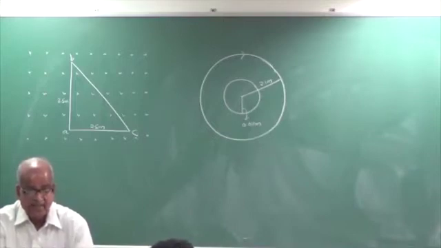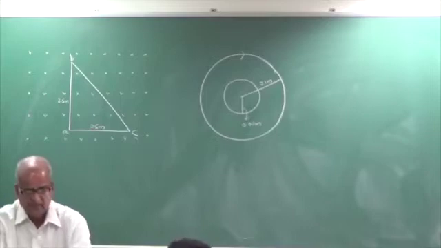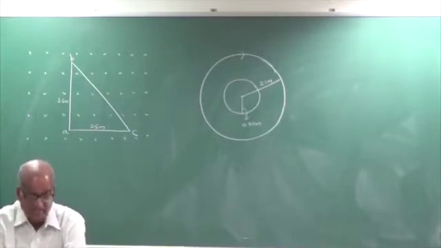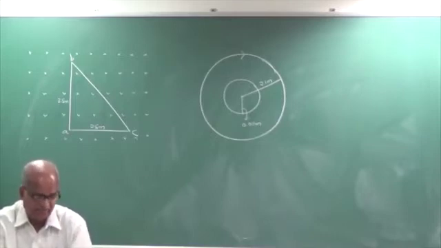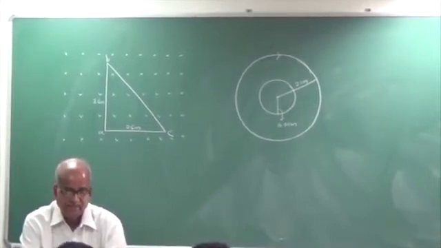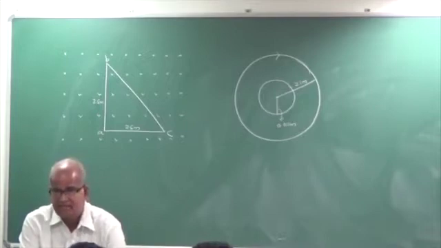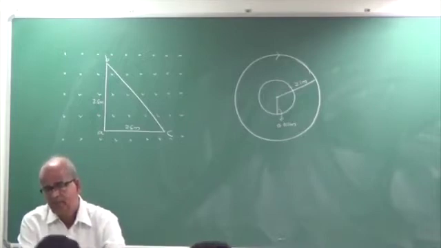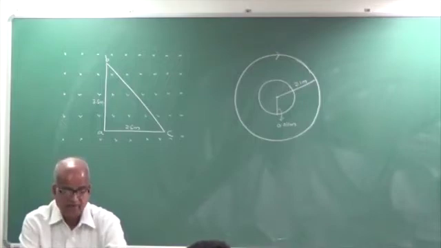The current in the outer coil increases at a steady rate of 3 into 10 to the power of minus 2 ampere per second. Find the EMF induced in the inner coil.